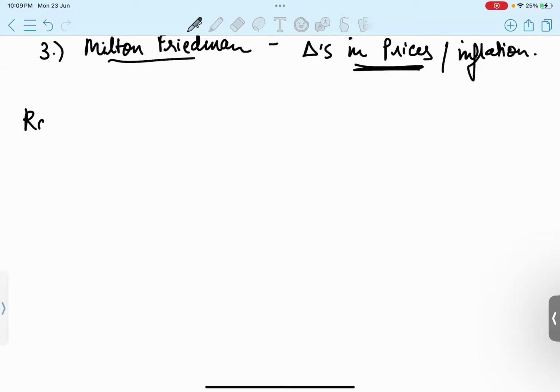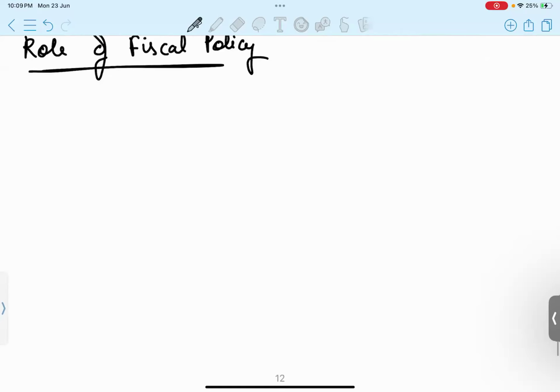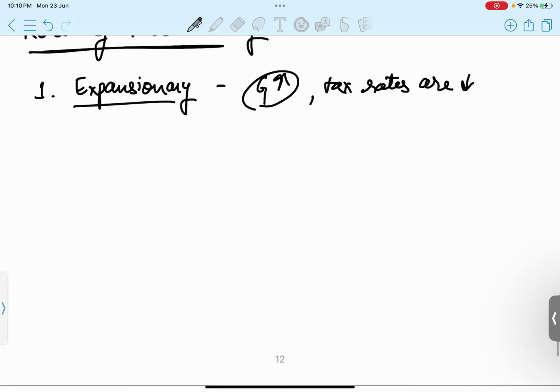When it comes to the role of fiscal policy, and we study the implications on the ISLM model, or the way the economy functions as per this model, take an example of expansionary fiscal policy, which means government expenditure is increased, or tax rates are reduced. But here we are going to look into the increase in government expenditure.